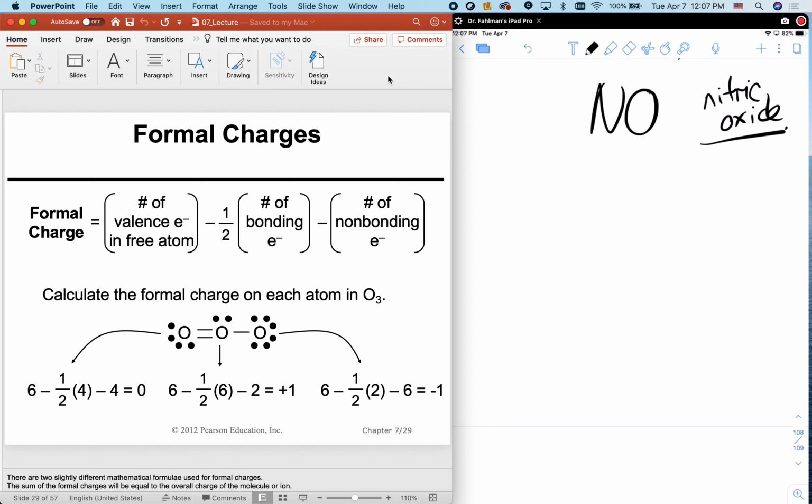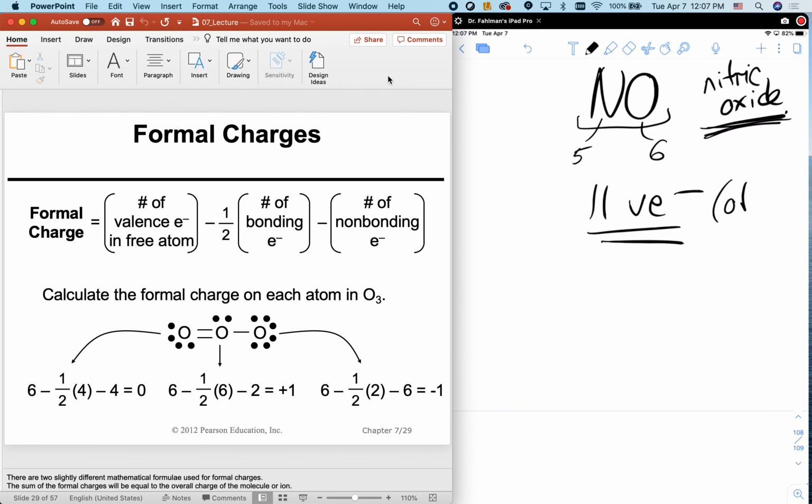This one is an exception to what we've been talking about, as nitrogen and oxygen absolutely have to have an octet, because you'll have an odd number of electrons here. And why this is so reactive is because if you add these up, how many valence electrons will you have? You've got 6 and 5, so we have 11 valence electrons. So an odd number.